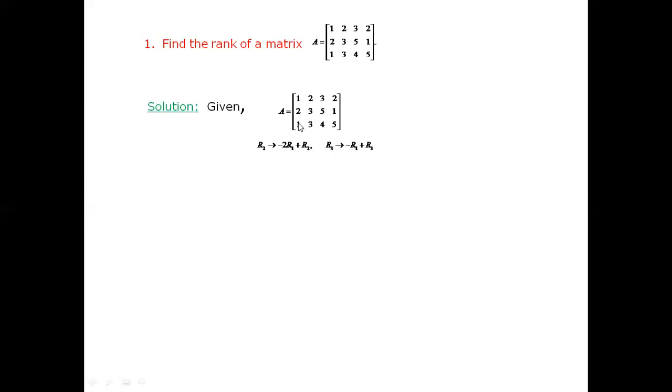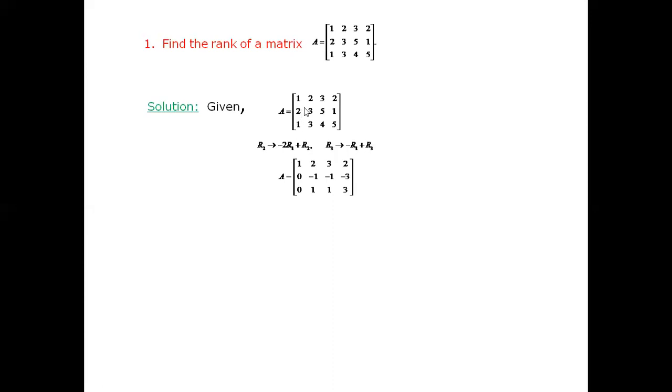Similarly, to make this element 0, I have to operate with the R1 element. Here we have 1 and here also we have 1, so I can use just subtraction: R3 minus R1, or I can write minus R1 plus R3. For the second row, R2 minus 2 R1: 2 minus 2, 0.